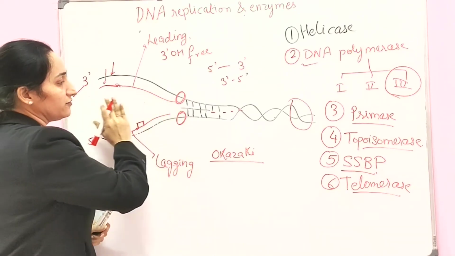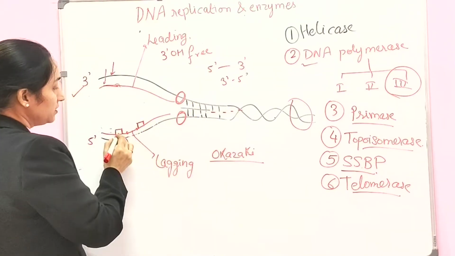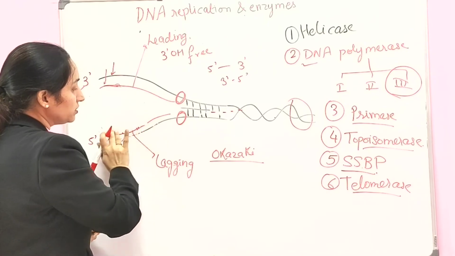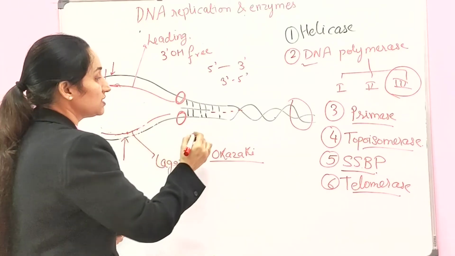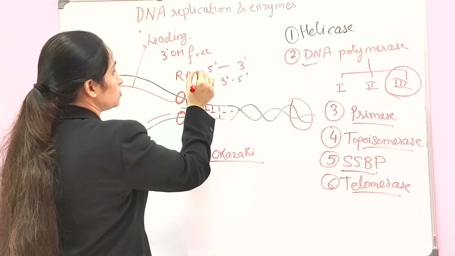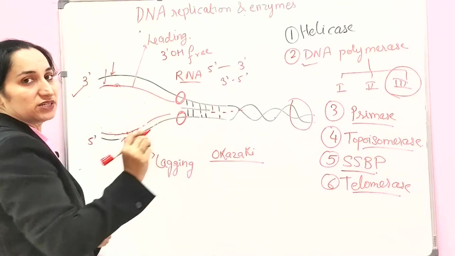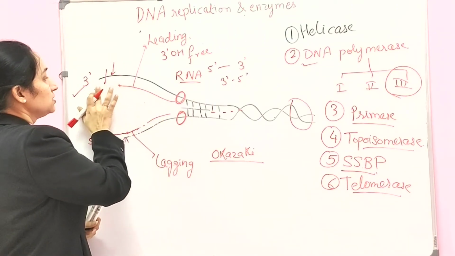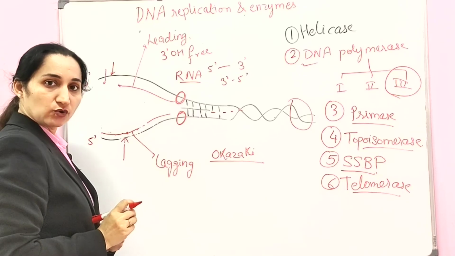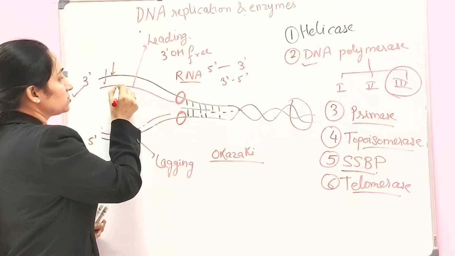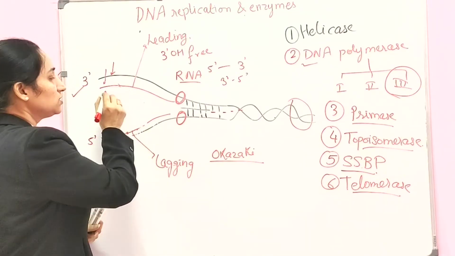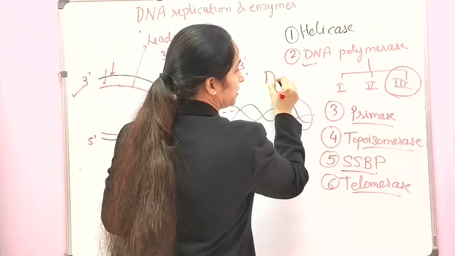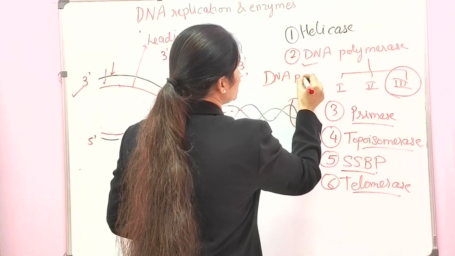Now when all this has happened, these primers now need to be separated off because these are RNA primers. This RNA and DNA combination doesn't work. So these primers need to be separated out, and a DNA strand added. This will be done by DNA polymerase 1.